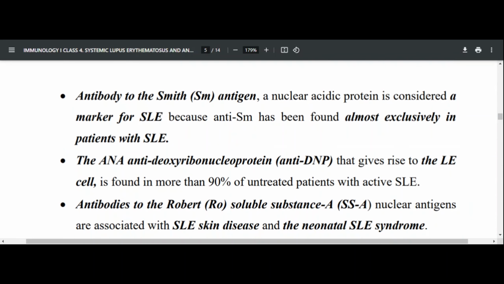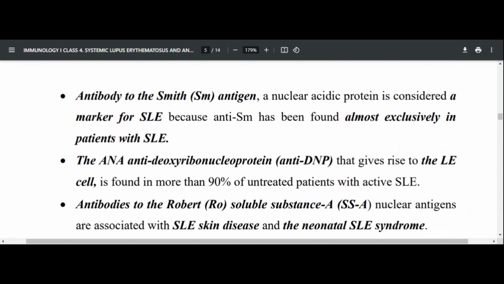We also find other antibodies that are very common in systemic lupus, for example, antibody to the Smith antigen. Smith antigen is another antigen in the nucleus. It is a nuclear acidic protein. We find antibodies to it, called anti-Smith antibody.